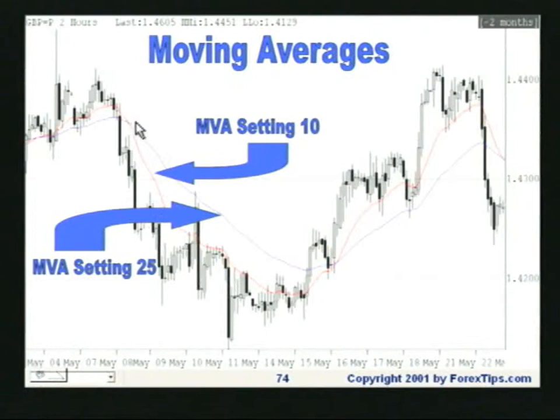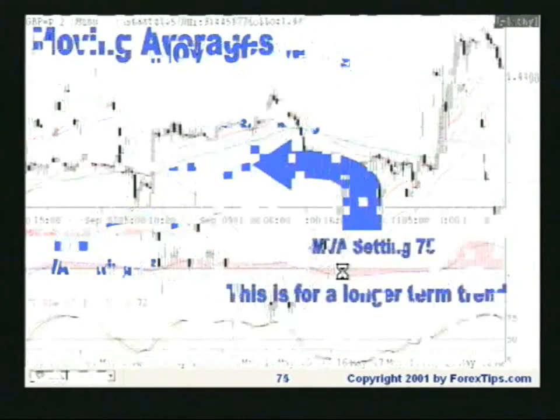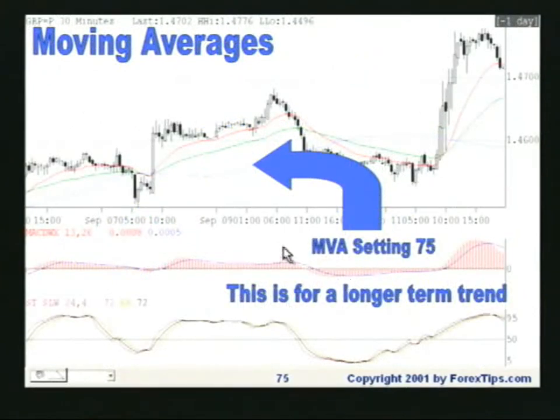Now this one, you can see that the fast moving average stays closer to the candles at all times, while the slow moving average setting stays a little further away from the candles. As you can see, as they cross, that is what gives the buy and the sell.